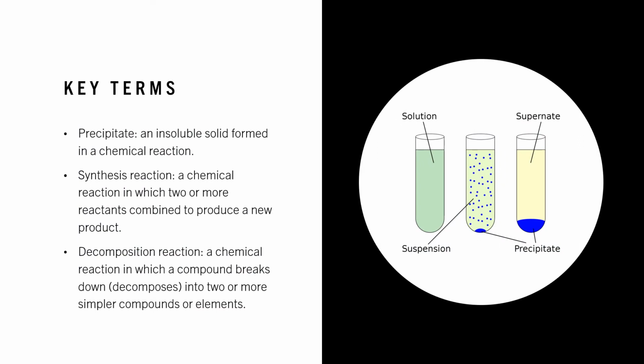Here are some key terms we need to make sure we understand. A precipitant is an insoluble solid formed in a chemical reaction. A synthesis reaction is a chemical reaction in which two or more reactants combine to produce a new product.